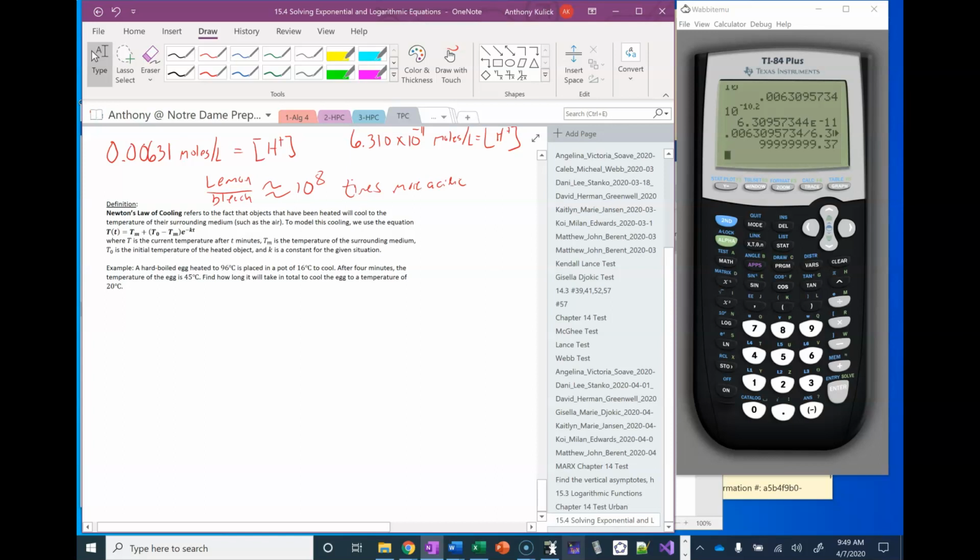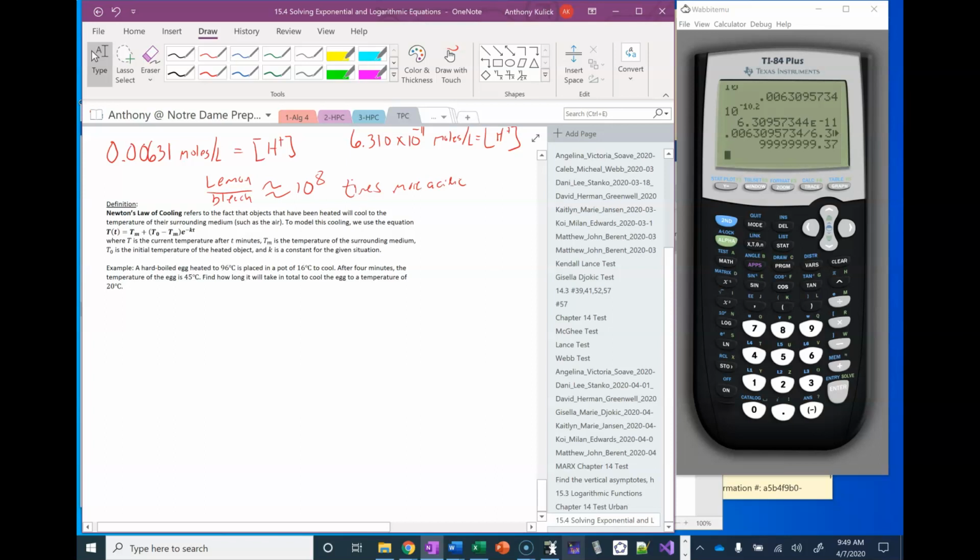T of m is the temperature of the surroundings, whether that's air, water, whatever. T naught is the initial temperature of that heated object. And k is the constant for the given situation.